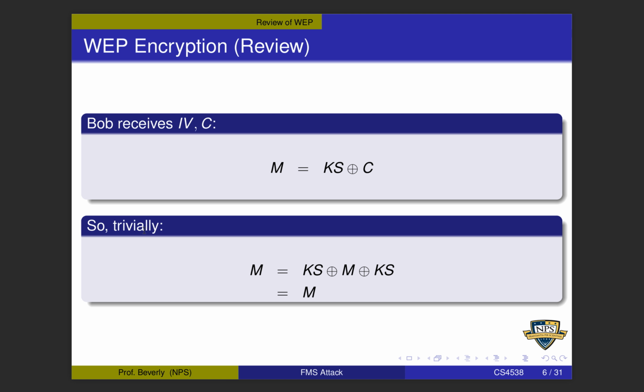Remember why this produces the original message. Bob receives the ciphertext and XORs it with the key stream. But note that the message itself is simply the key stream XORed with the ciphertext. So here we have the key stream XORed with the message, XORed with the key stream drops out, and now we have simply the message left.